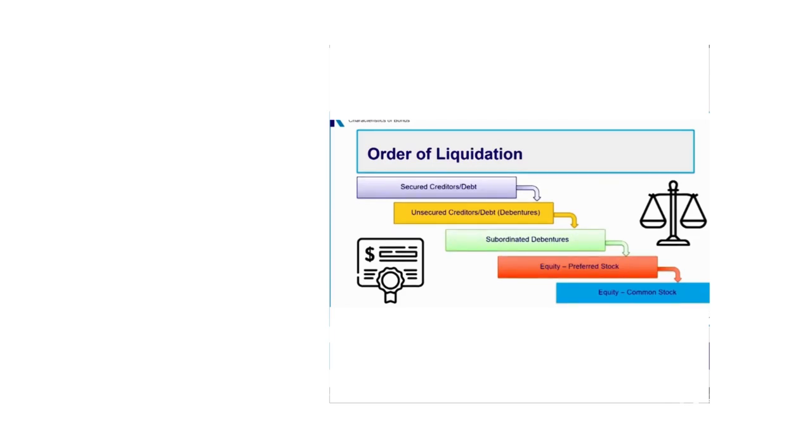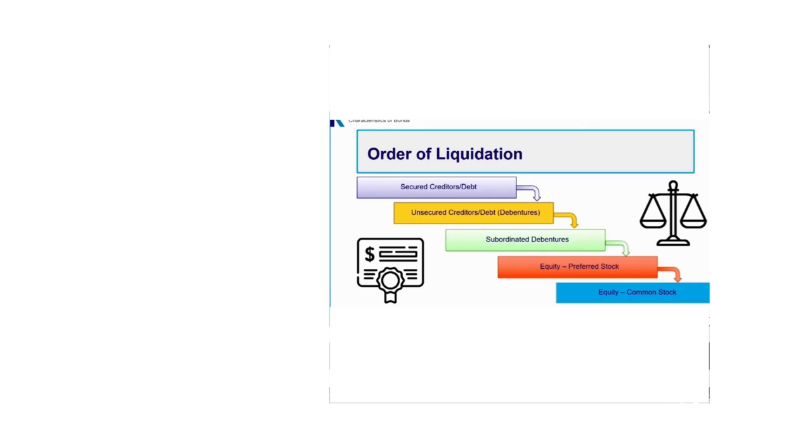Now, when you go in to take the test, it's important to remember the order in which everyone gets repaid if a company ever liquidates or goes bankrupt. Secured creditors always get paid first. Remember that secured creditors have some type of collateral backing them, and they can always access that collateral before anyone else can.